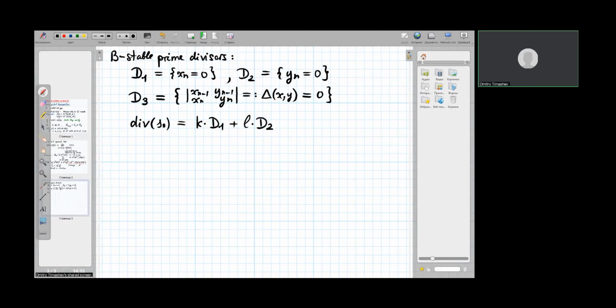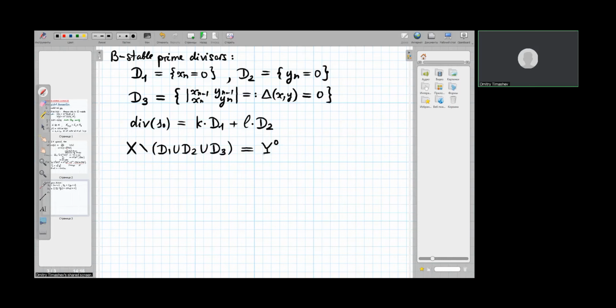These three divisors actually are the only b-stable prime divisors on X. So it is a complete list, because we can prove that the complement of the union of these divisors in X, so X minus the union of D1, D2, D3, is just a single open B orbit, which we usually denote as Y upper naught.